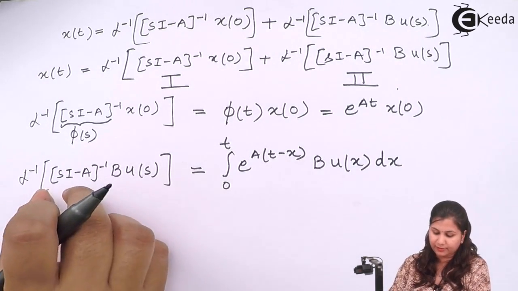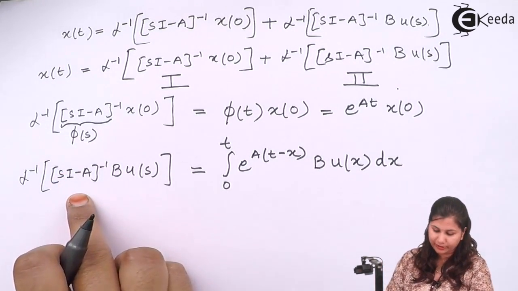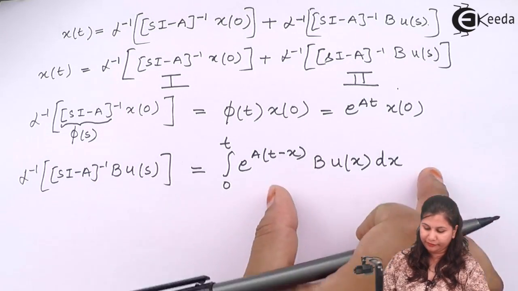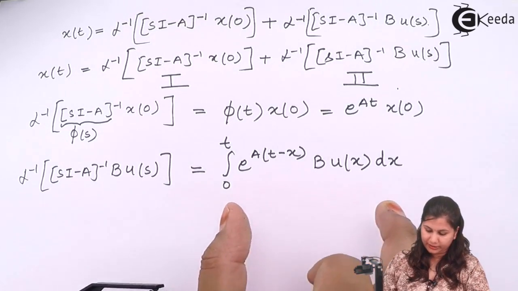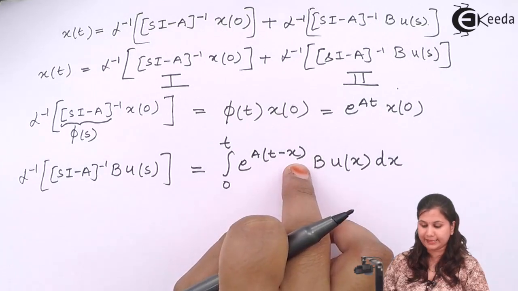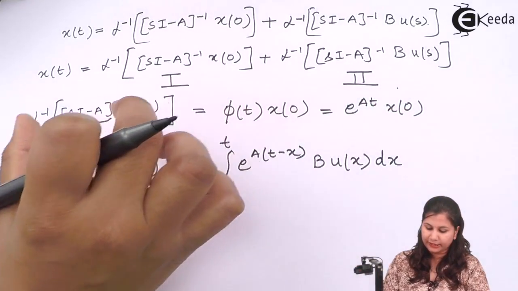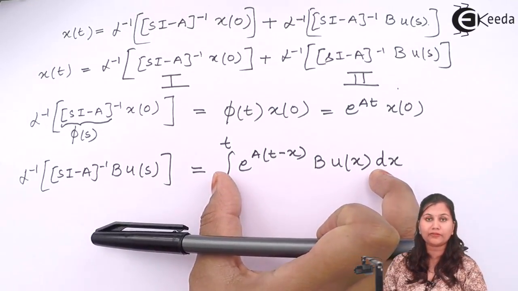This is also again the state transition matrix, and then it is multiplied with BU(s). So if we write it in the time domain form, then it will be integral from 0 to t of e raised to the power A(t minus tau) Bu(tau) d tau. So this is the inverse Laplace transform of the first part, this is the inverse Laplace transform of the second part.